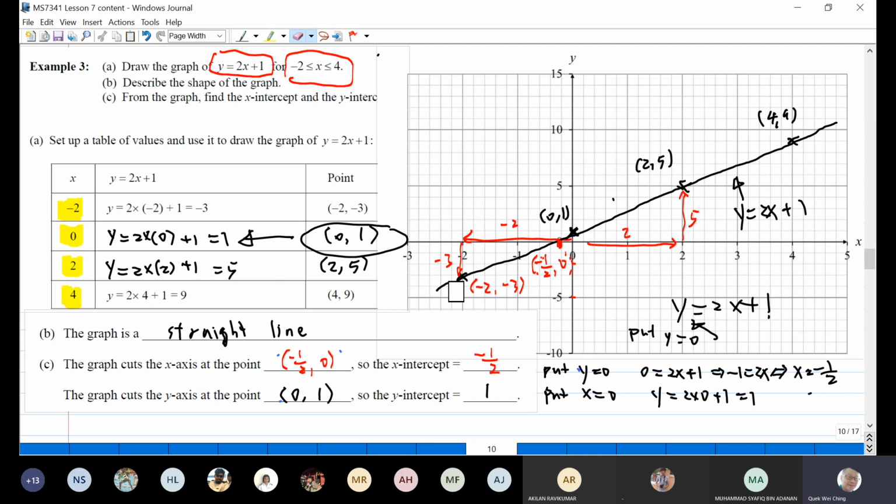If I want to draw it more accurately, you can find that this graph, if you draw properly, should extend somewhere here. So somewhere here is 0.5.